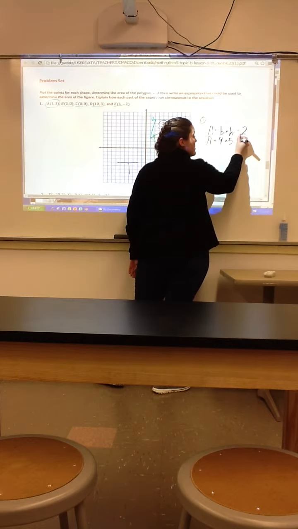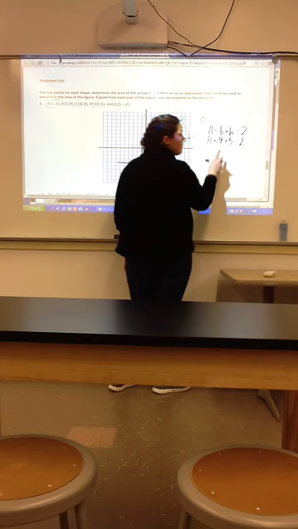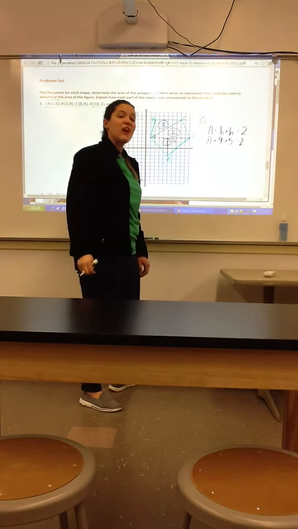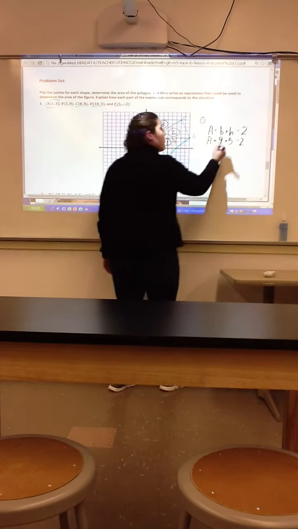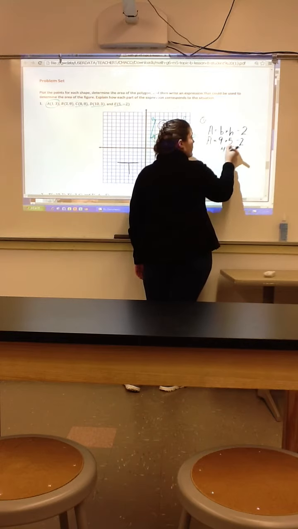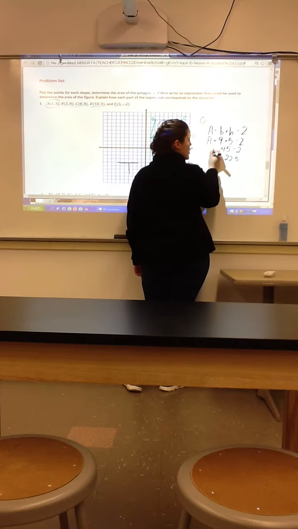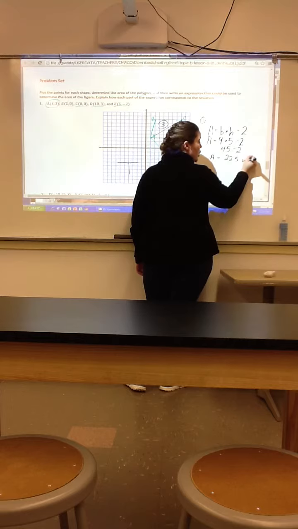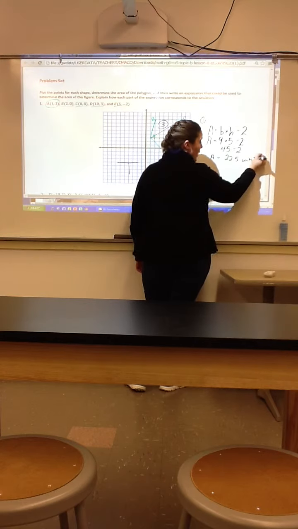So 9 times 5 divided by 2. I know that 9 times 5 equals 45. Divided by 2 is going to give me 22.5, or 22 and a half. So my area is 22 and a half units squared.